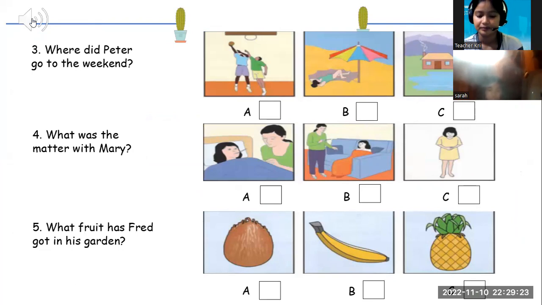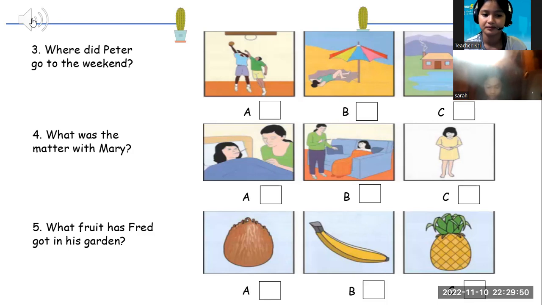3. Where did Peter go at the weekend? Where did your friend Peter go at the weekend? Well, he wanted to go and watch a basketball game. So, did he go? No, he couldn't. His mum wanted to go to the mountains for the weekend, and his dad wanted to go to the sea. Did he go to the sea then?